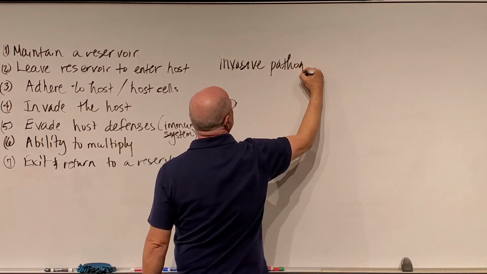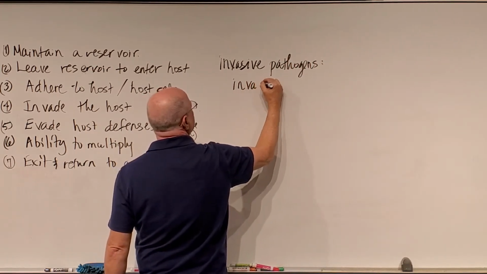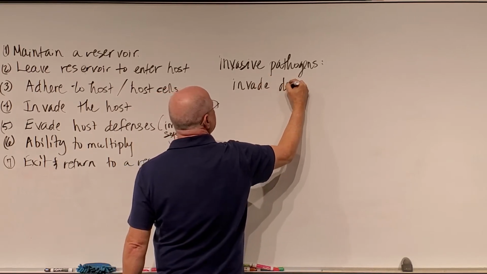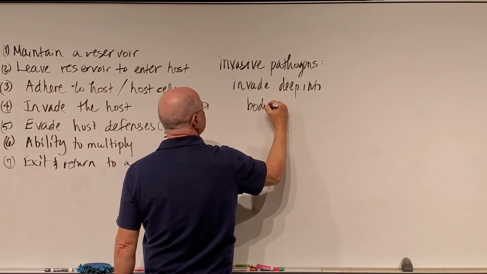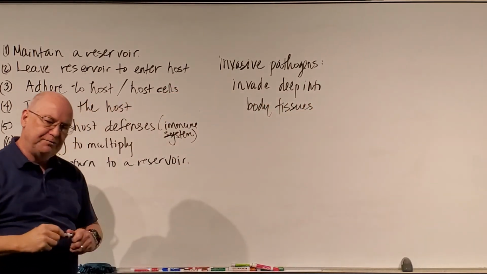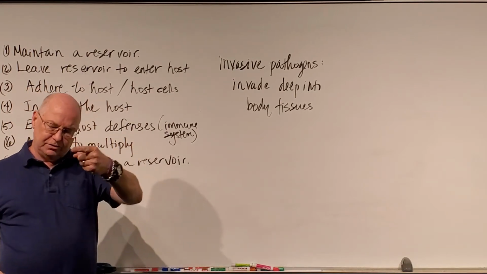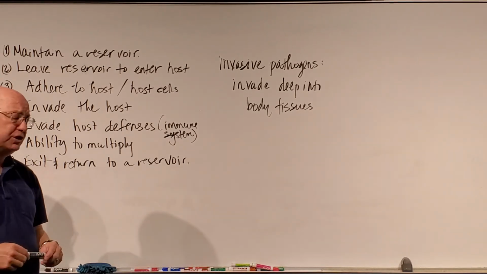Invasive pathogens can invade deep into body tissues. So if you have some kind of invasive pathogen, they have the ability to pass into the body and invade tissues that are deeper inside the body. Some of them actually live inside the host cells.